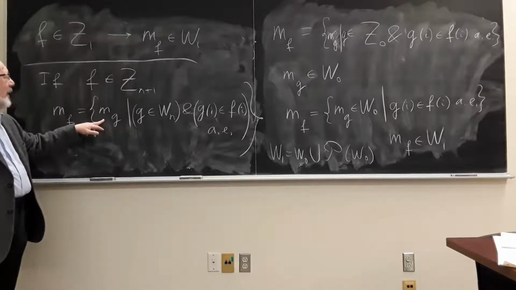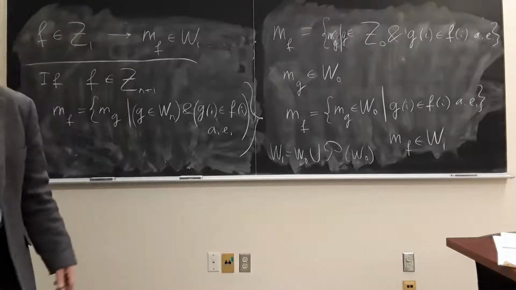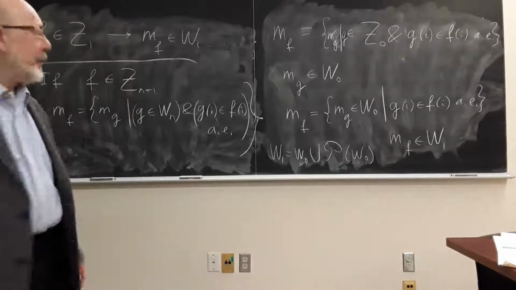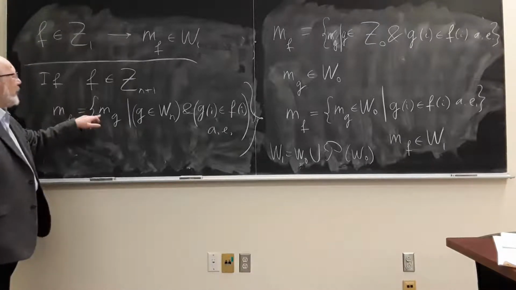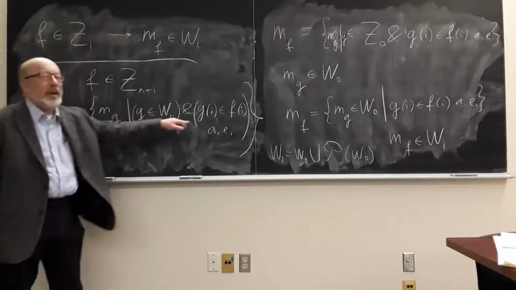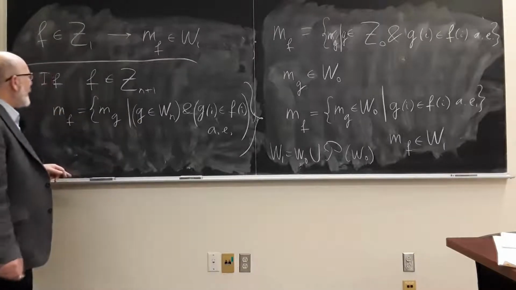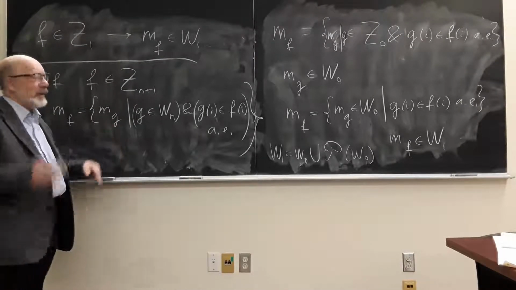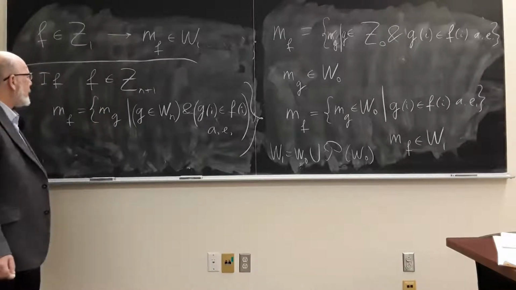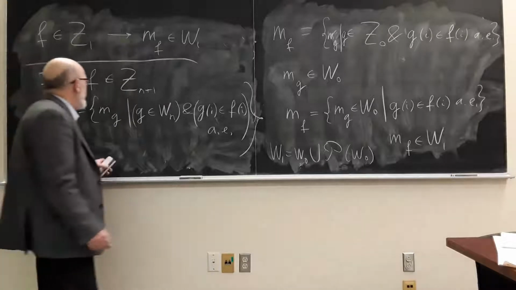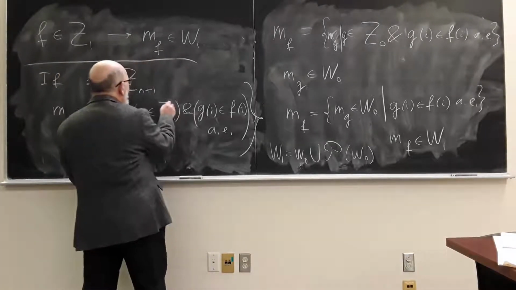This way we define, suppose we have already defined what Wn is, and then we define Mf, this set of such Mg, where g in Zn.